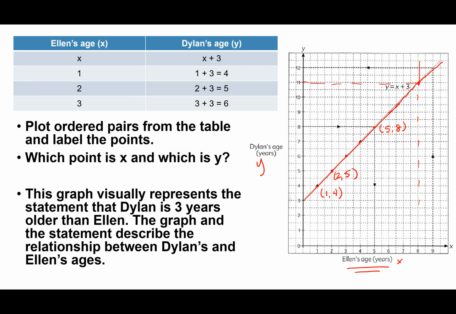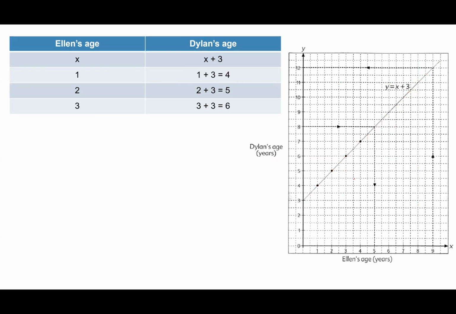That's on page 26. Before I have you start graphing on your own, find the value of x plus 3 when x equals 9. Okay, so look at your graph for this. If you have a ruler or a piece of paper, just use the graph to find it.